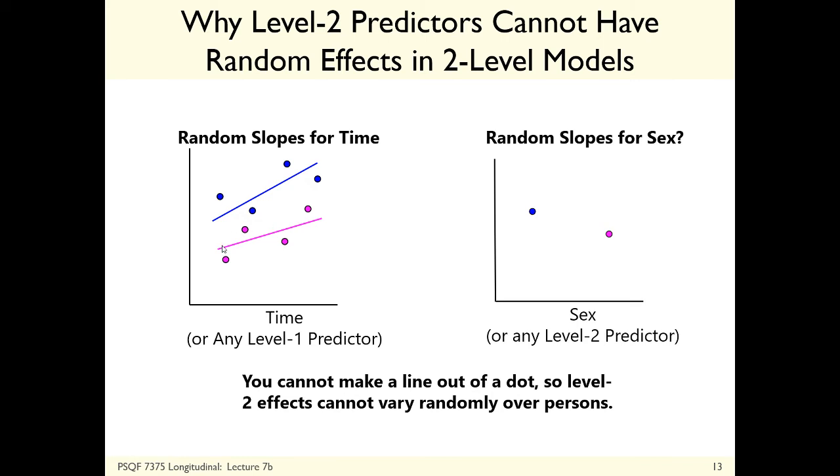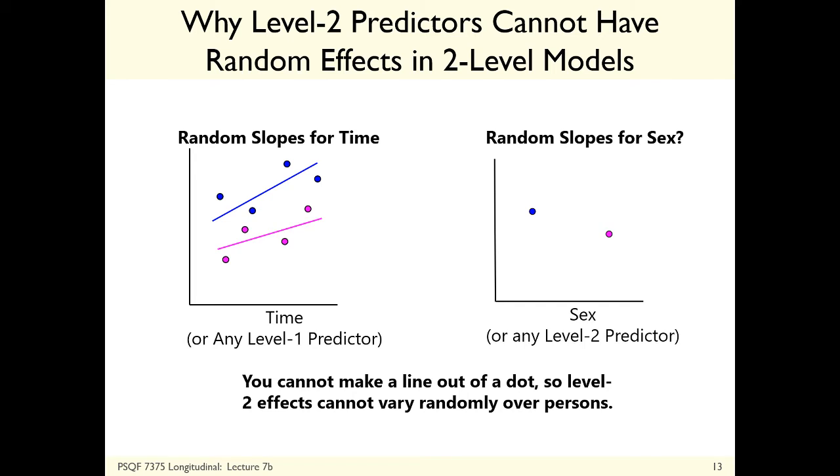So we could say that this pink person here doesn't grow as quickly as the blue person. Each person can have their own slope. But if I were to put gender into the model, if gender is time invariant, each person has only one value. You cannot draw a line through one dot. So level 2 predictors only can have fixed effects.